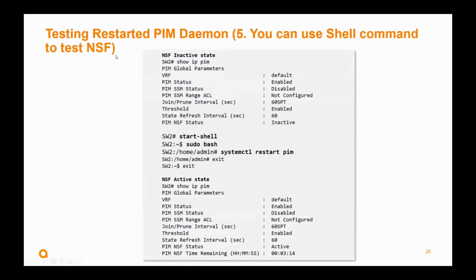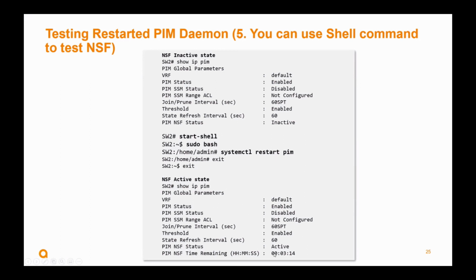And of course, lastly, for our testing purposes, we can force a restart of the PIM module. So first things first, we see that it is inactive, the nonstop forwarding. By going into the shell, start shell and sudo bash, systemctl restart pim, and then exit out.